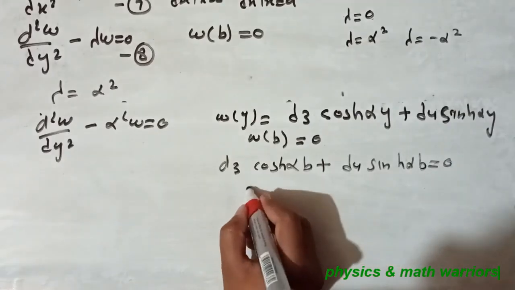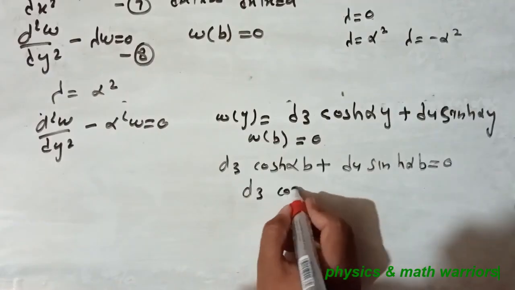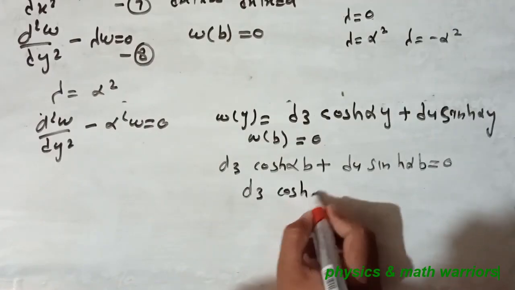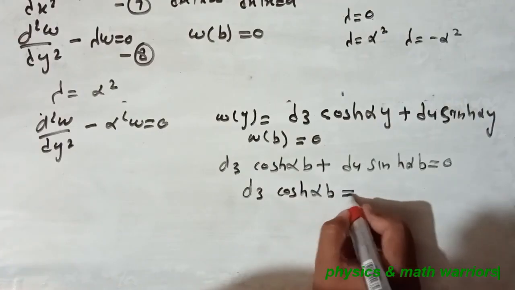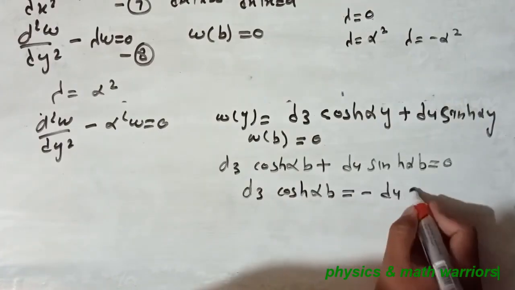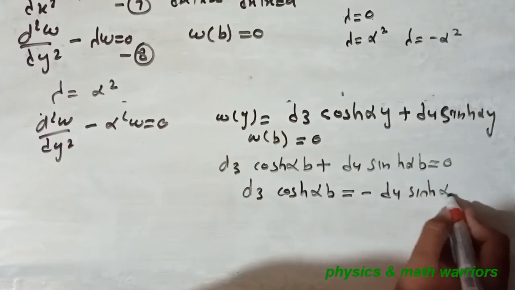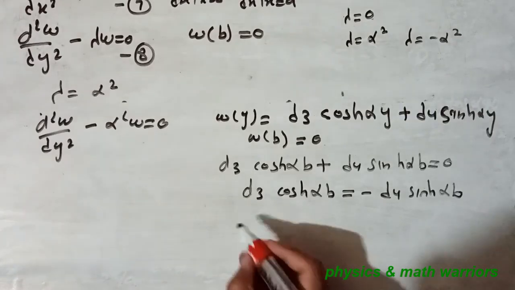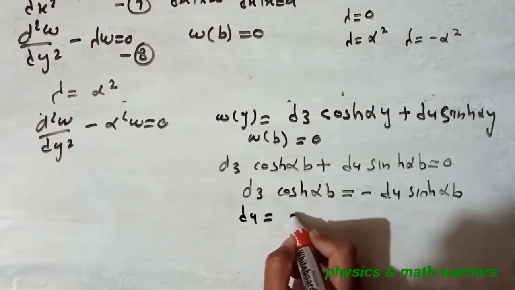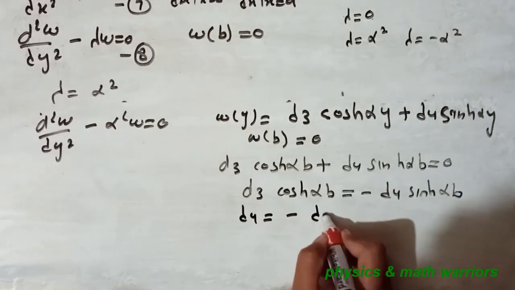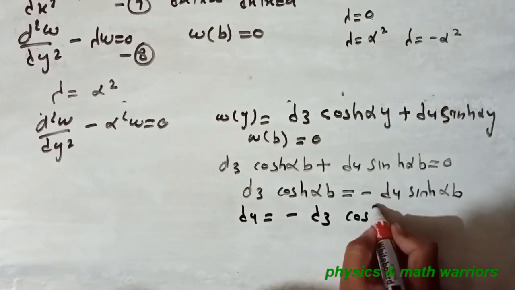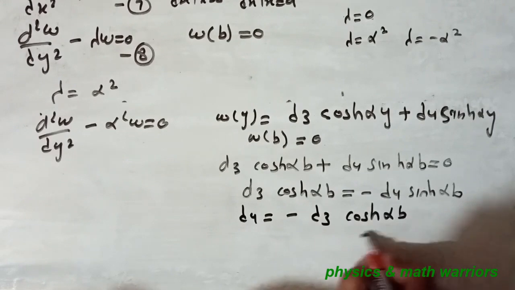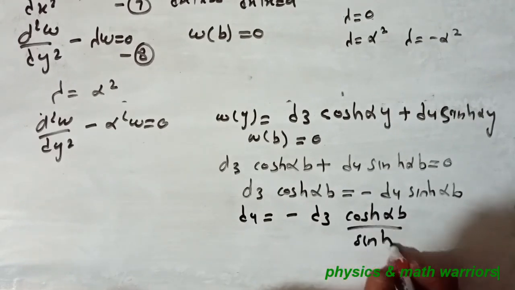This can also be written as d3 cos hyperbolic alpha b is equal to minus d4 sine hyperbolic alpha b, and d4 is equal to minus d3 cos hyperbolic alpha b over sine hyperbolic alpha b.